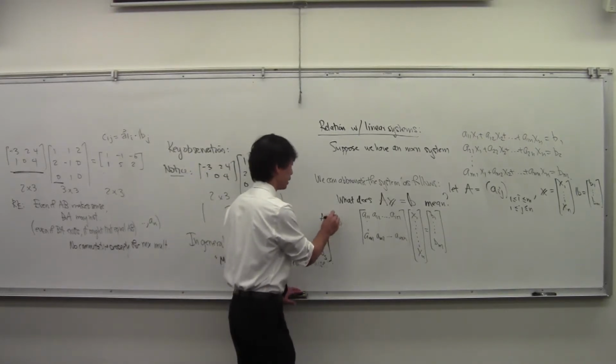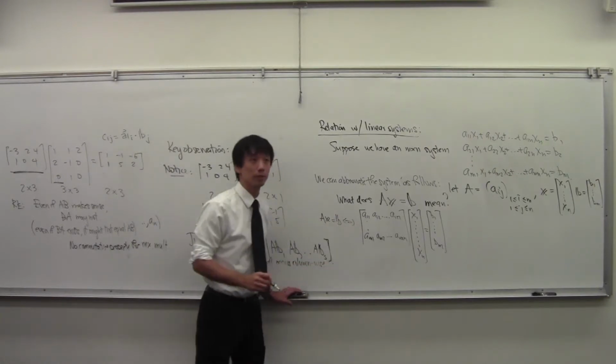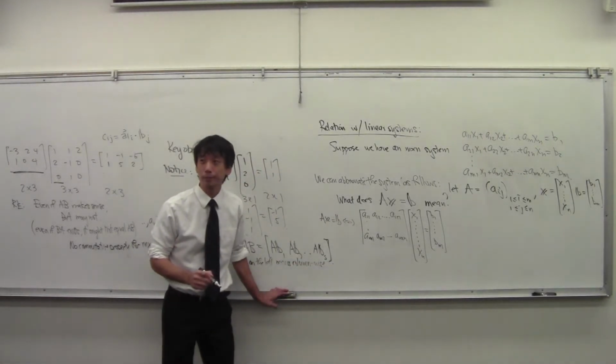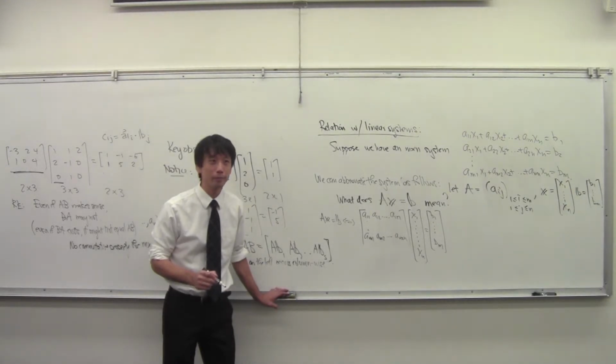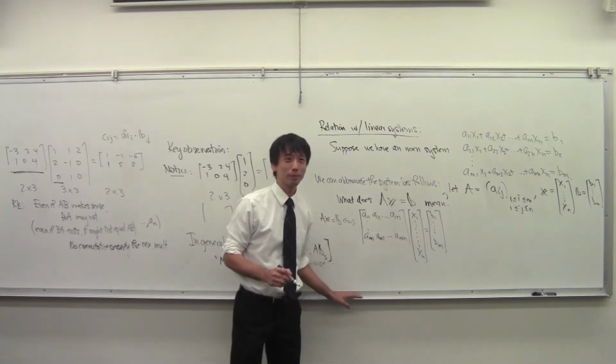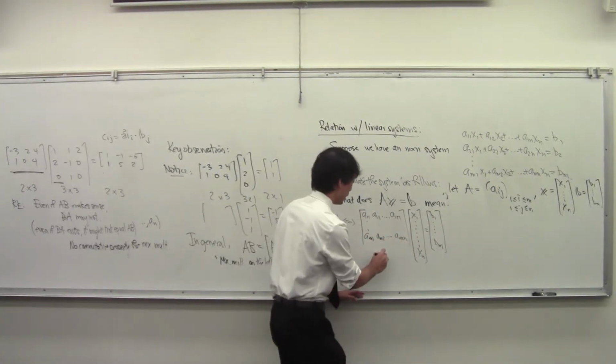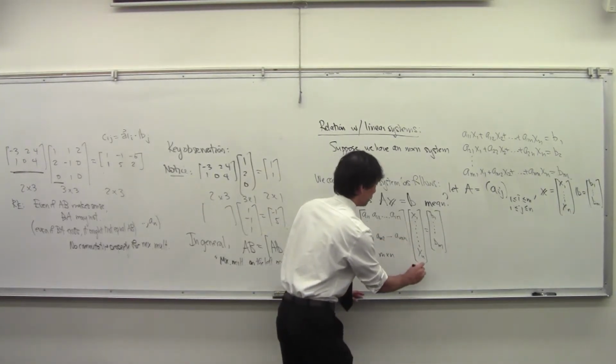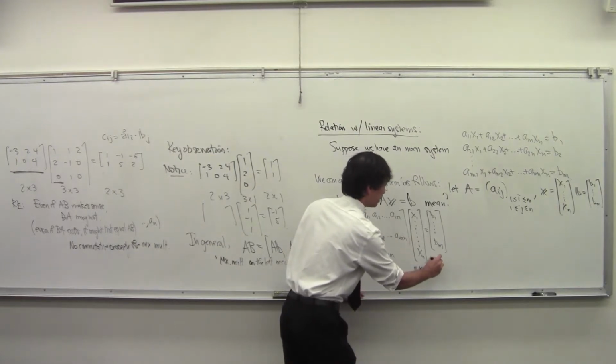This is the same thing as saying AX equals B. This is an m by n, and this is an n by 1.